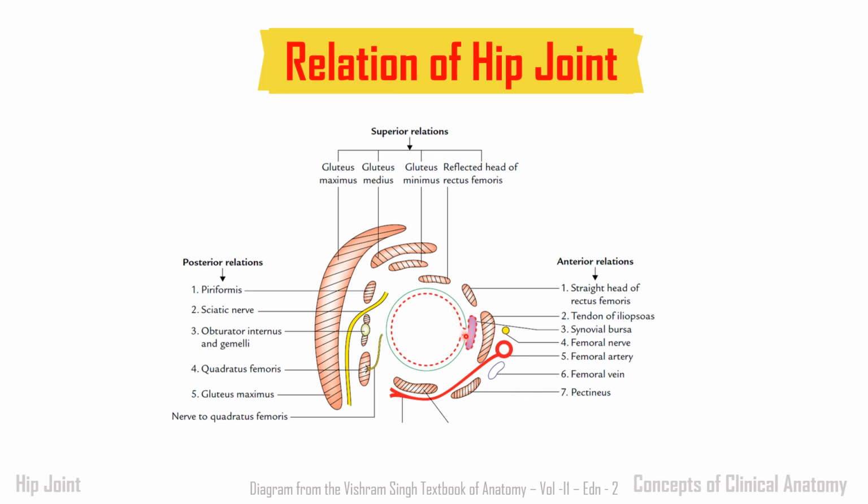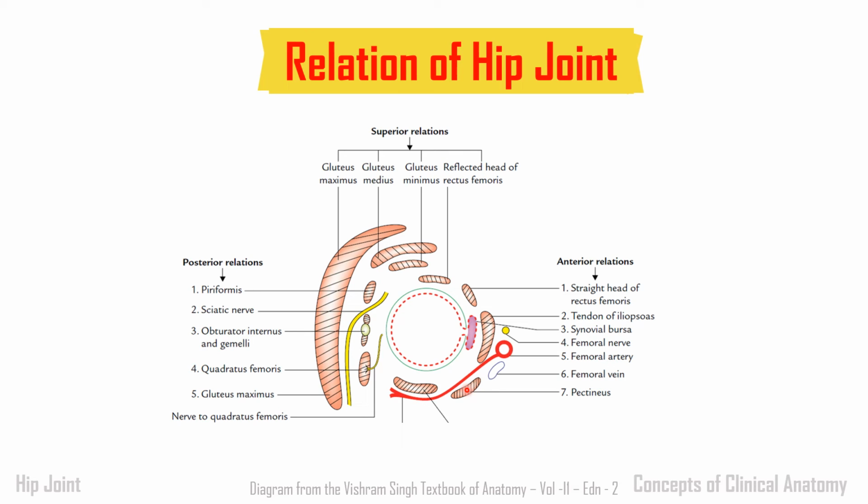So the whole joint capsule from there, the synovial bursa, which is extending just below the iliopsoas, then in front the femoral nerve, femoral artery, and femoral vein. These are the structures you must have appreciated in the femoral triangle, and the pectineus.